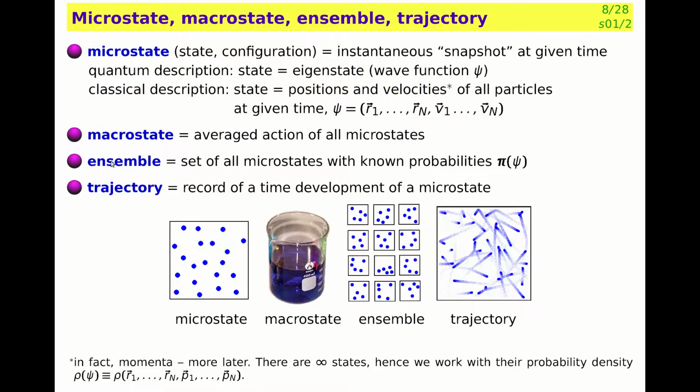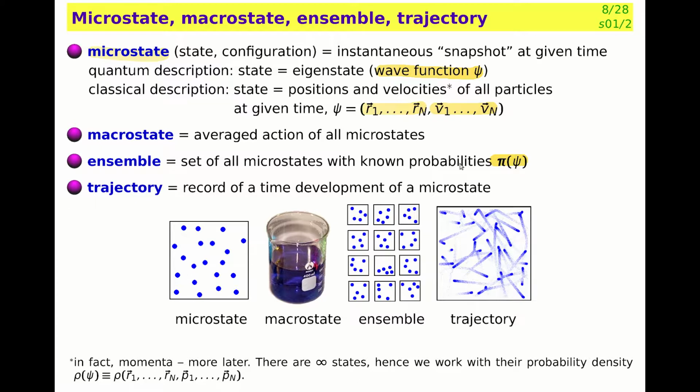If the system develops in time, it goes through different microstates. Because as it develops in time, the positions of atoms change, and also their velocities; it is the same with the wave function. Then I can study a set of all these microstates by statistical methods. But to do that, I must know the probabilities.